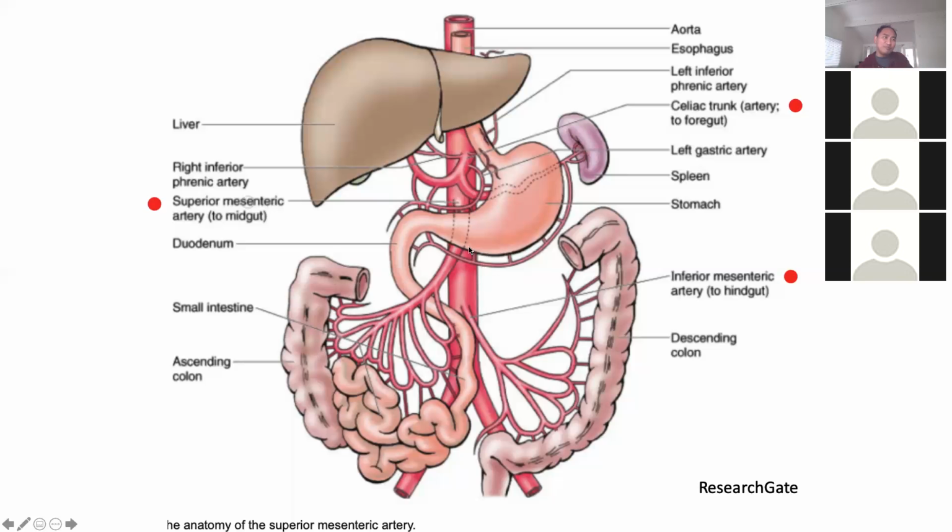So this superior mesenteric is really important because it gives the blood supply to the jejunum, ileum, and transverse colon. And how about the duodenum? The duodenum gets its blood supply from a branch of the common hepatic artery.